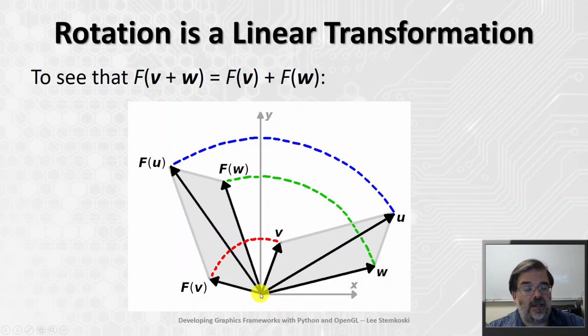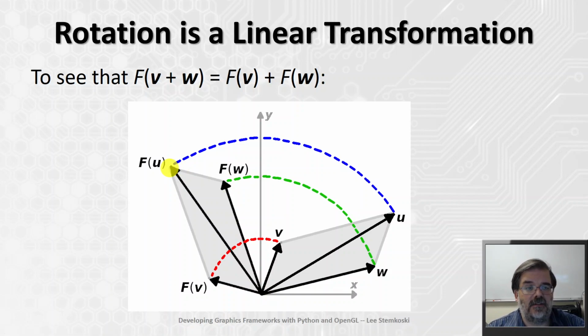However, again, by the nature of vector addition, f of v plus f of w should also give us the endpoint of this parallelogram. The points O, f of v, f of w, and the sum also form a parallelogram. So, since we have 2 parallelograms with these 3 vertices in common, the 4th vertex also has to line up.